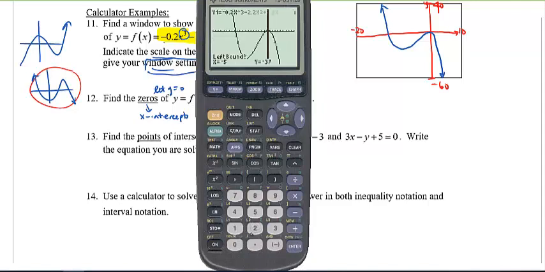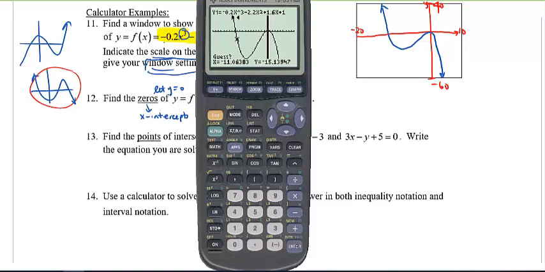Choose number 2, and then we'll quickly go ahead and help the calculator out. The calculator needs some help here. It says, hey, can you actually bound this for me so I don't have to look everywhere? So go to the left of your 0 and then press enter. Good. And then I'll move to the right of the 0 and press enter. What you've told the calculator is, hey, I want you to look in this little region to figure out what the 0 is going to be.